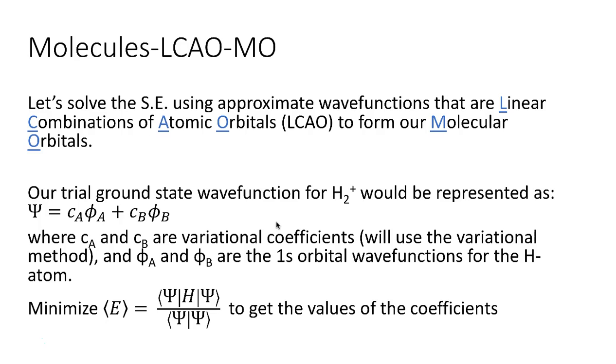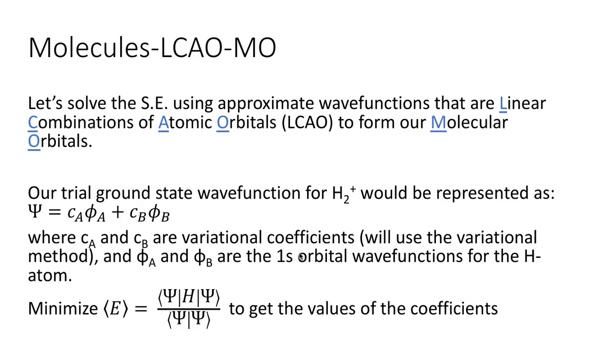We're going to do that using the linear combination of atomic orbitals to form molecular orbitals approach. We're going to develop approximate, or trial, wave functions. You use the variational method to minimize the expectation value shown at the bottom and figure out the best linear combination of atomic orbitals to make this particular molecular orbital.